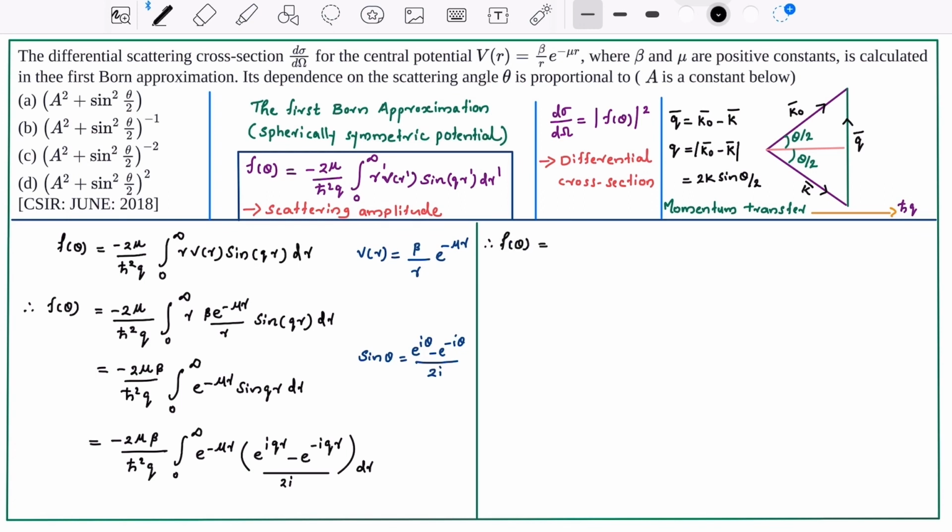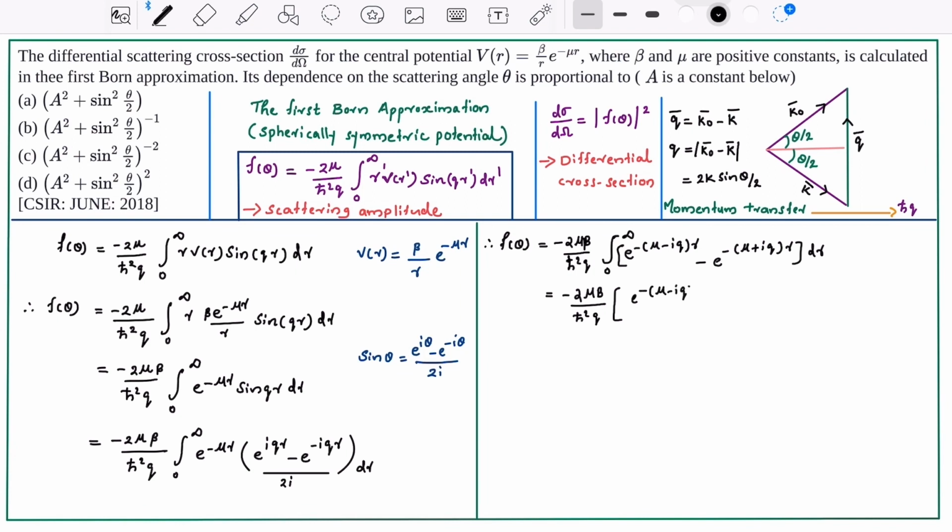Now f(θ) is equal to minus 2μβ divided by ħ² q integral 0 to infinity e raised to minus μ minus iq r minus e raised to minus μ plus iq r all divided by 2i into dr. And that is equal to minus 2μβ by ħ² q integral 0 to infinity.